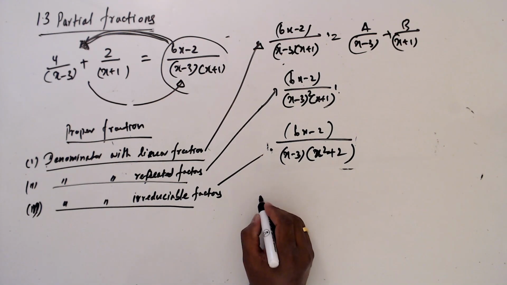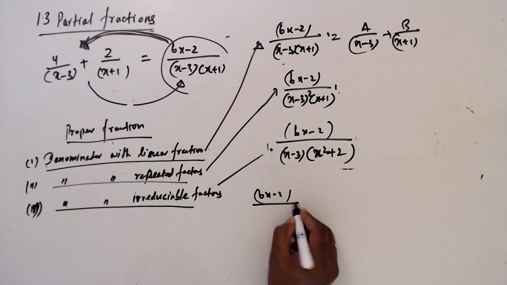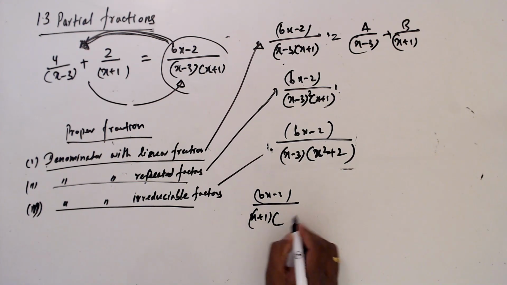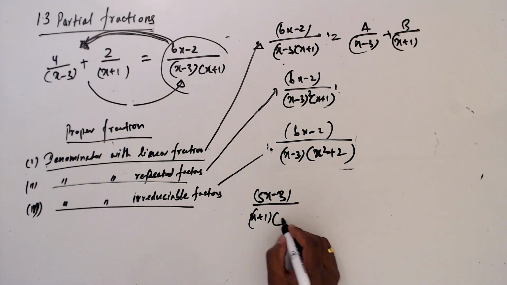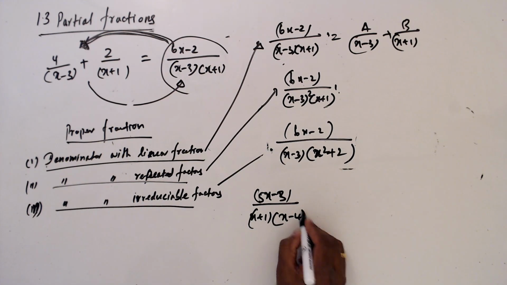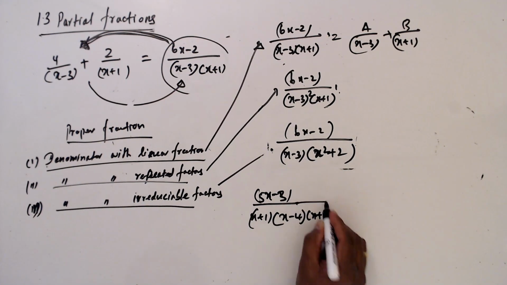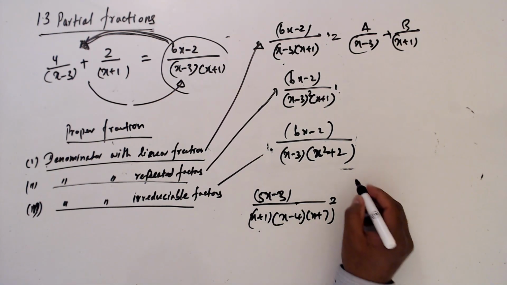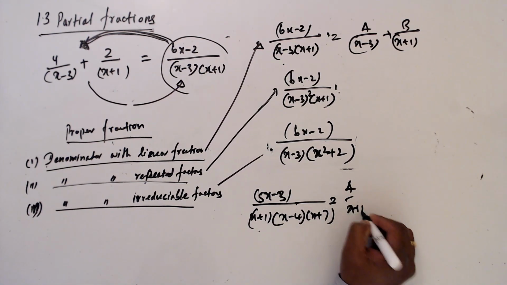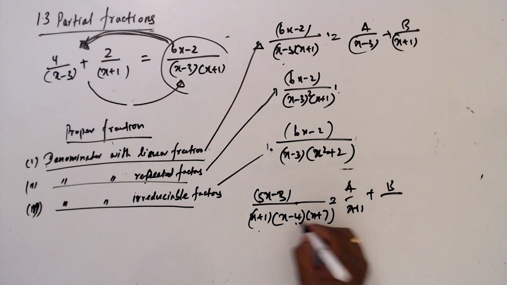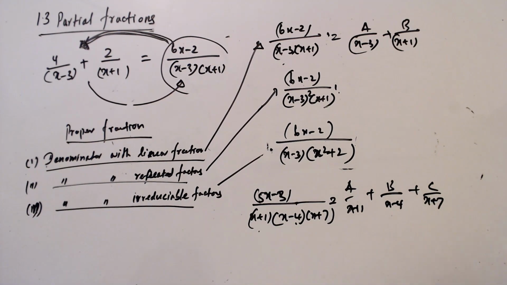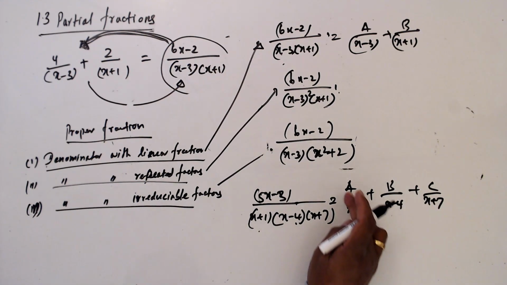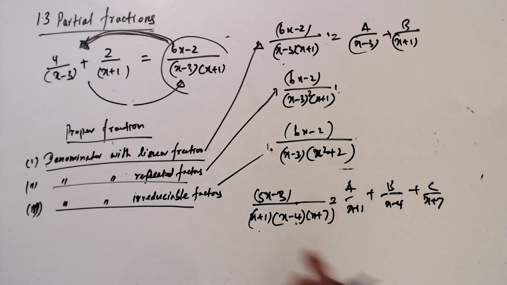For example, 5x minus 3 over x plus 1, x minus 4, x plus 7: you introduce A over x plus 1, then B over x minus 4, and C over x plus 7. So that's all. We introduce one constant for each factor.